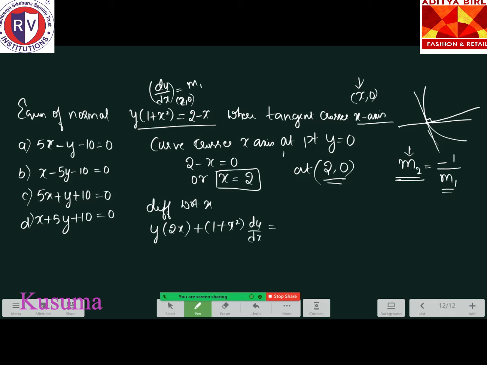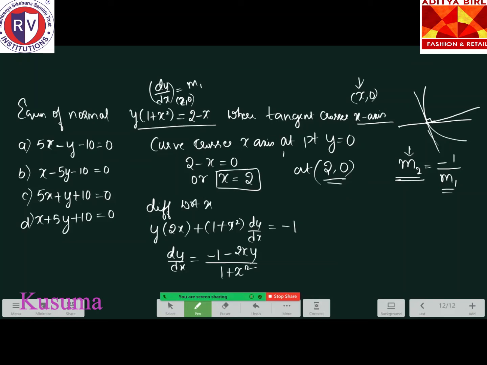So RHS will be minus 1. Okay, let us see what is dy by dx then. dy by dx will be equal to minus 1 minus 2xy divided by 1 plus x square. So this is our dy by dx, that is the slope of the tangent.